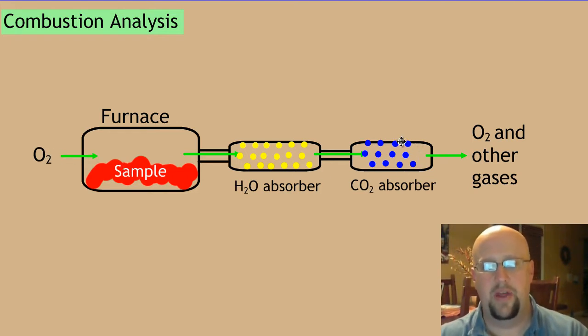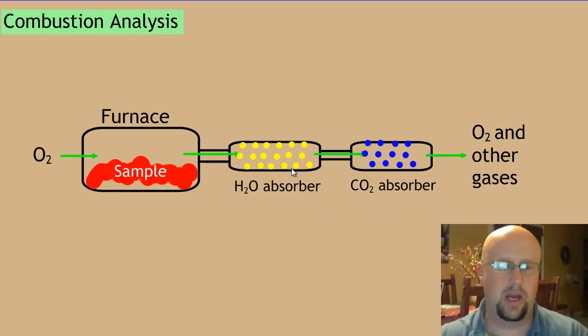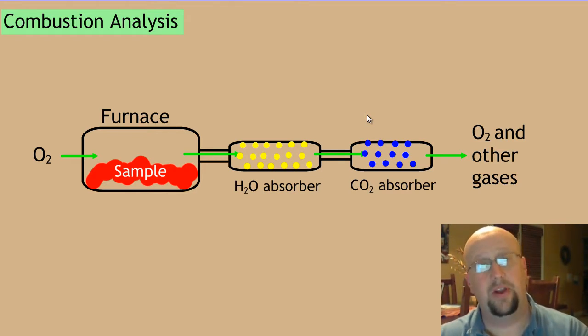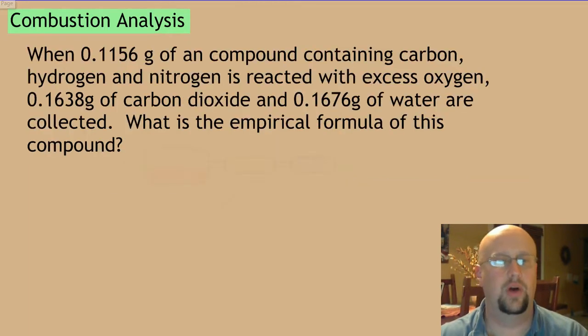And then we'd have something else that would absorb the carbon dioxide, so something like sodium hydroxide here. This might be something like magnesium perchlorate or something like that that would absorb the water. And then out the other end will come oxygen and some other gases. But these two steps are really what's vital for us. And so I think, as with many AP problems, we're going to jump into the math here, and it will hopefully help to explain the conceptual part behind that as well.